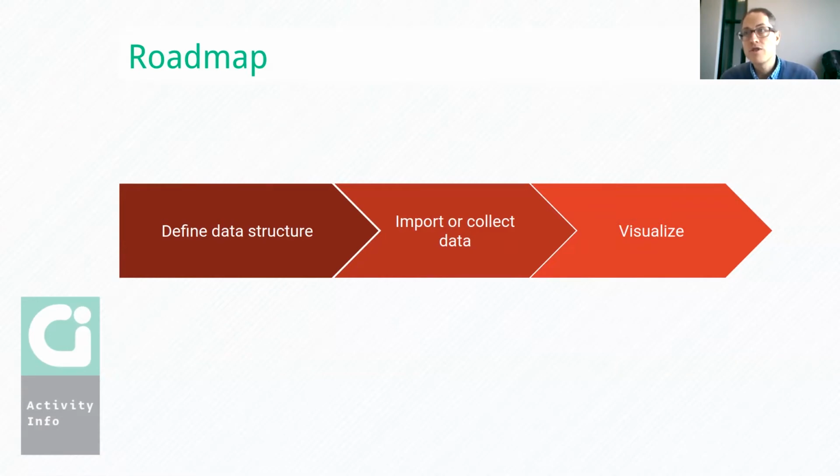And in the third phase, you can visualize and share data. So this workshop is really geared towards people who are, like I hope yourselves, going to be involved in the setup, collection, and visualization of data. But certainly there are a lot of people that only work with providing data through ActivityInfo or visualizing it.